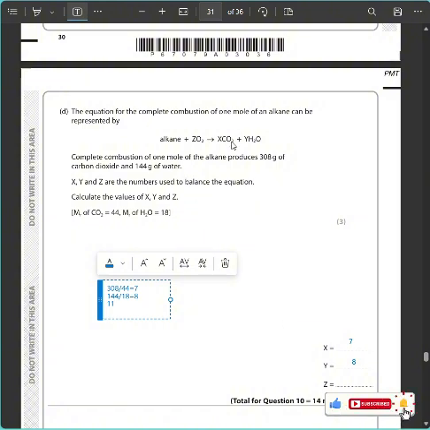There is O2, 32 grams per mole. We can find 32 multiplied by 7, plus 16 grams per mole of oxygen in water, and we multiply 16 by 8 and divide all of them by 32. The answer will be 11.